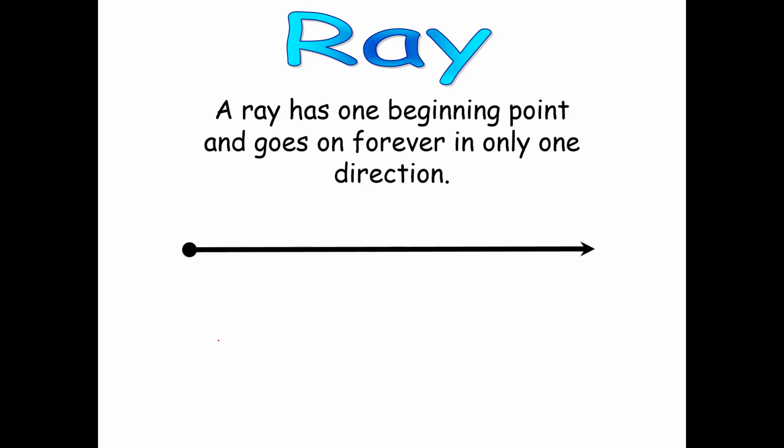Okay, so this is going to be the beginning point, and this is going to be going forever that way. So let's say I have this beginning point as point C, and another point through which the ray goes, point D, and that is what we call ray CD.